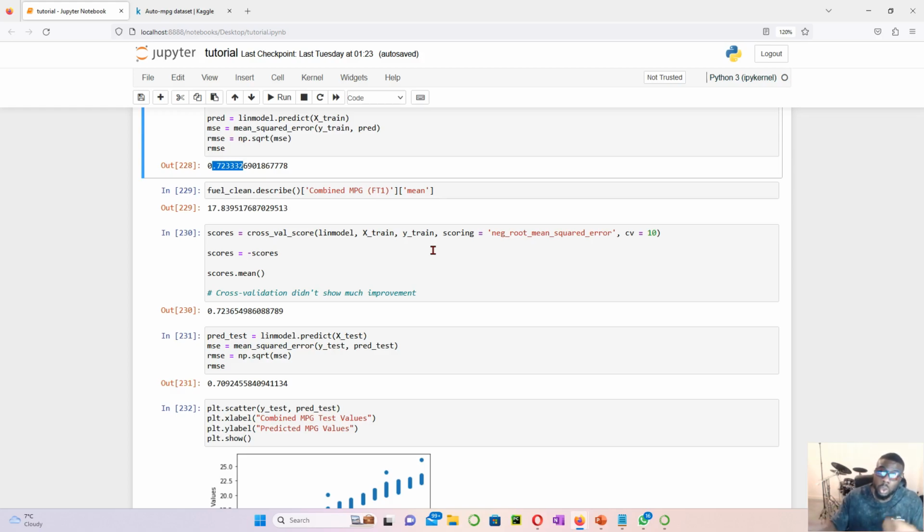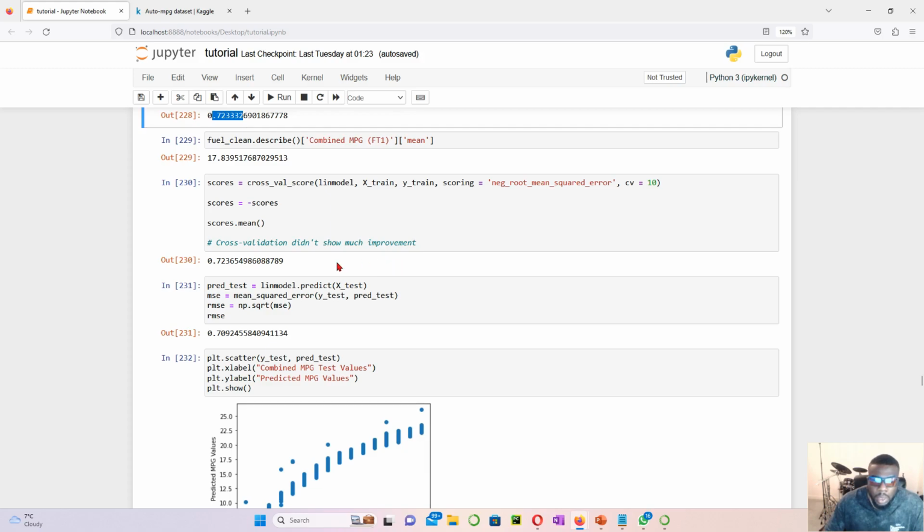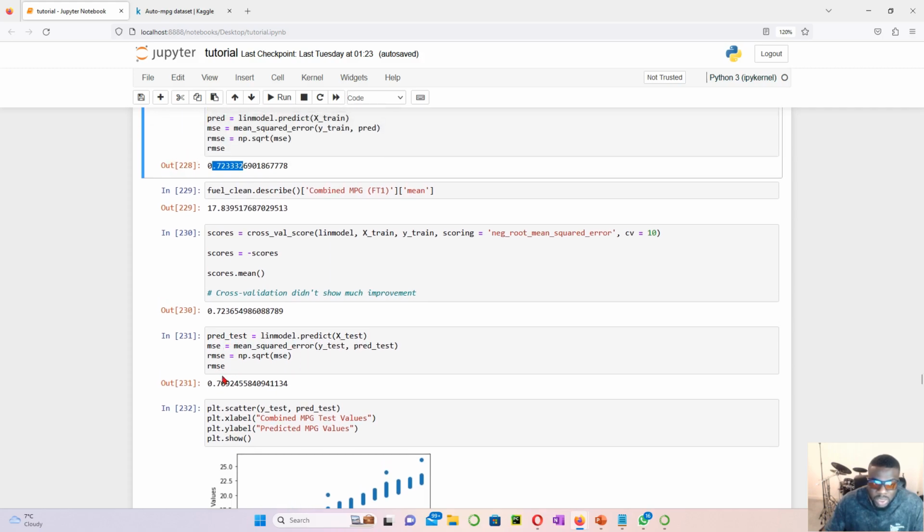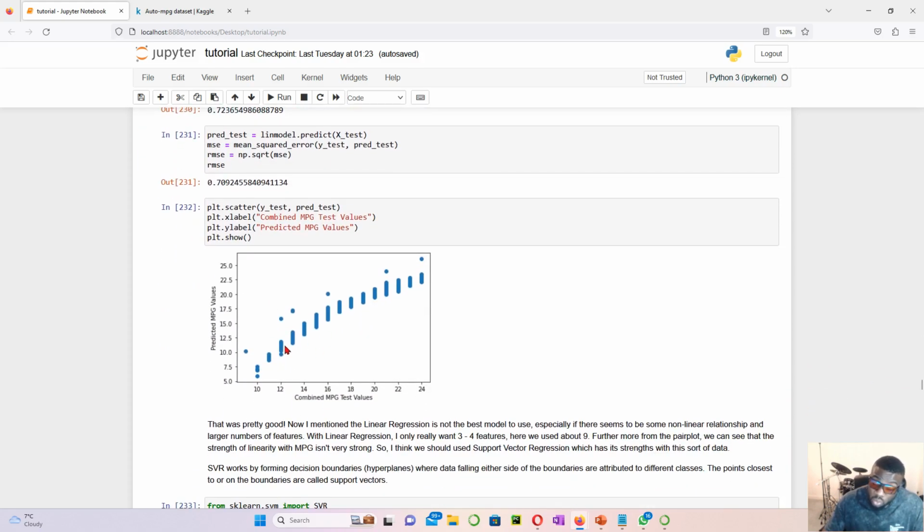Those folds don't talk to each other, so there's no chance for the model to prematurely learn from itself. So this is a way to try and get a better score. Not much improvement there. So let's predict on the test set, and we see that it's 0.7, and the data is reasonably okay. But as we can see, there's curvature.